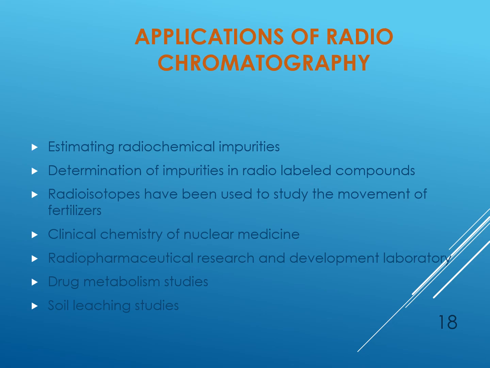If small or micro impurities are present in a mixture of sample, they may affect the separation or the detection techniques highly. So those impurities should be removed, and those small or micro impurities of radioisotopes can be estimated by radiochemical or radiochromatographic separations.